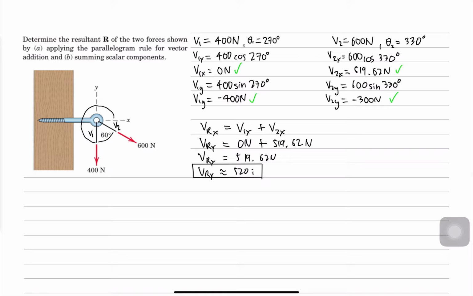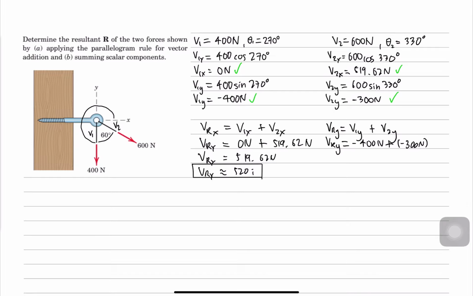And now Ry is equal to vector 1y plus vector 2y. So Ry is equal to negative 400 newtons plus negative 300 newtons.